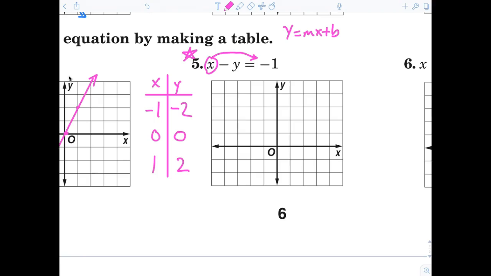So it should read now, -y is equal to -x minus 1. Everybody listen to me. You have to understand that process. I'm picking up the x, and I'm moving it away from y because I'm using a table. The x right now is positive x. If I move it to the other side, it's negative x. All right?